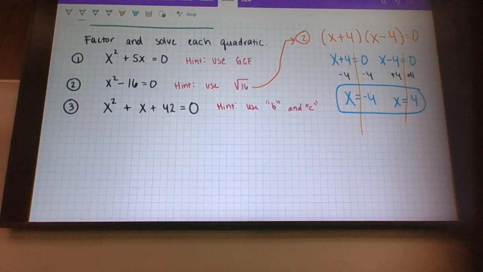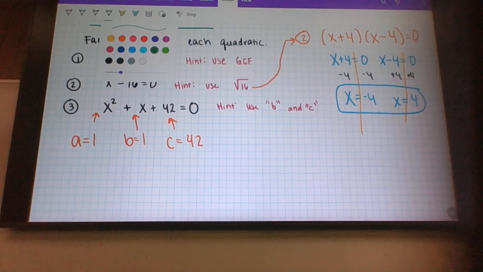All right, the hint here is to use B and C. So I know that A is the invisible one in front. I know B is another invisible one there. And I know C is 42.